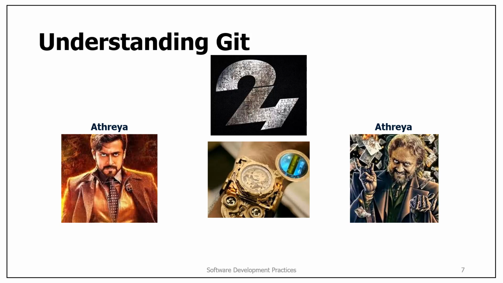For that purpose he needs the help of a machine, a time travel watch. That can be taken as an example for Git. The older version of Atreya, we can take as version 1.